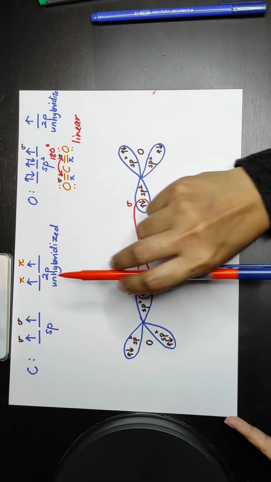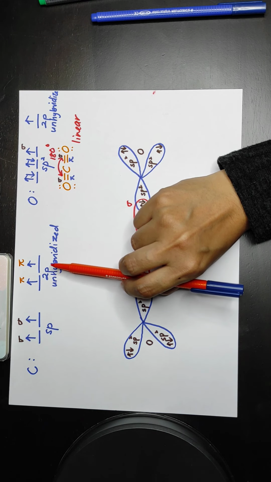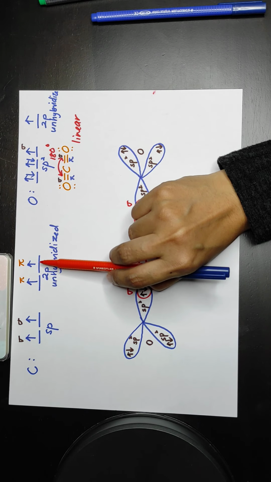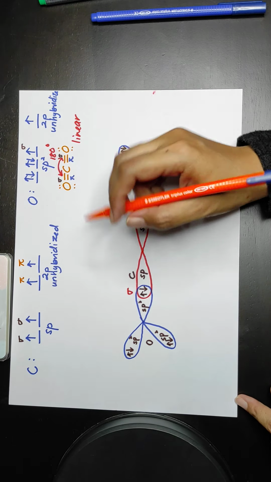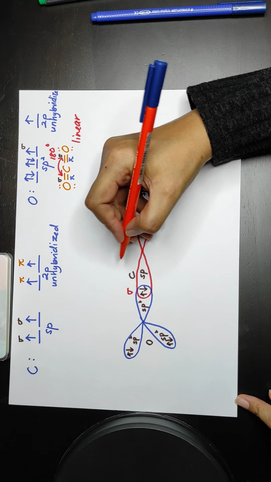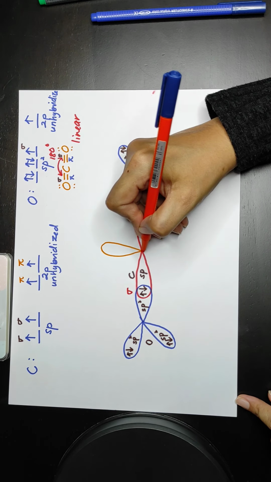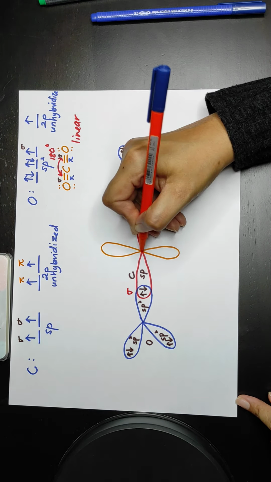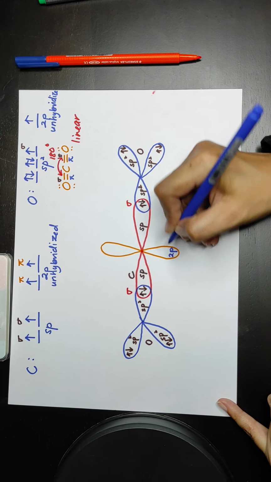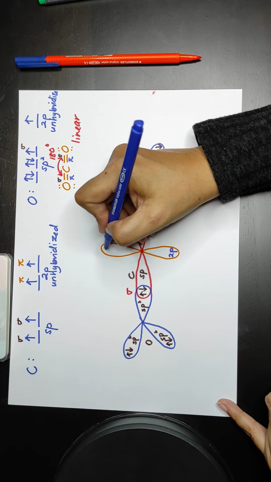Alright, so let's say the two 2p unhybridized orbitals of carbon are 2py and 2pz. I draw the 2py first. Let's say 2py, but I label it as 2p. Okay, so let's say this is 2p, so it contains one unpaired electron.